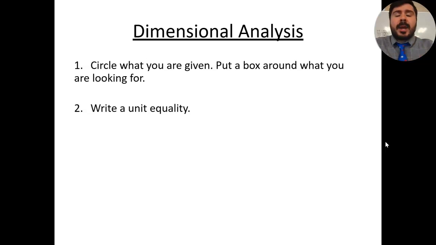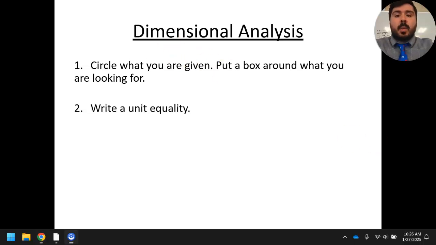Number 2, write a unit equality. A unit equality is where you set 2 different measurements equal to each other, right? So a very basic one would be to say, how many inches are in 1 foot, right? If you were to try and determine that, of course, we all hopefully know that there are 12 inches in 1 foot.